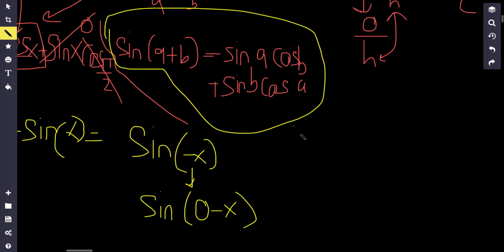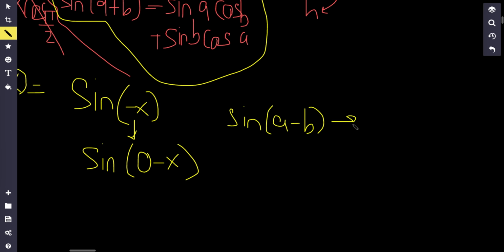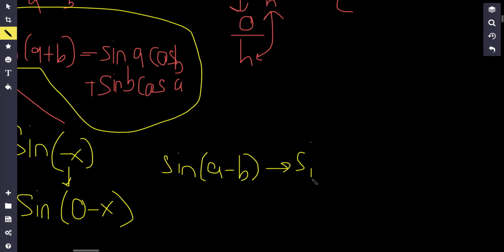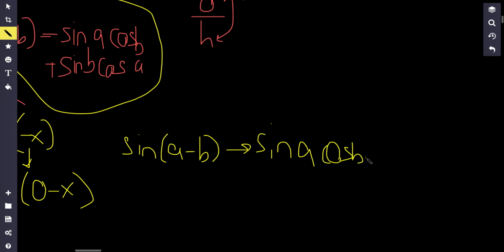It turns out there's a formula for sine of one thing minus another thing. It's the exact same thing except there's a negative sign: sine of a times cosine of b, minus sine of b times cosine of a.